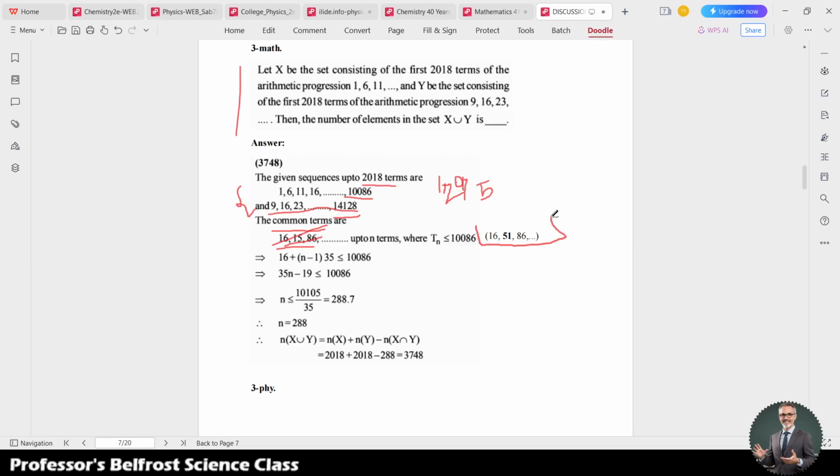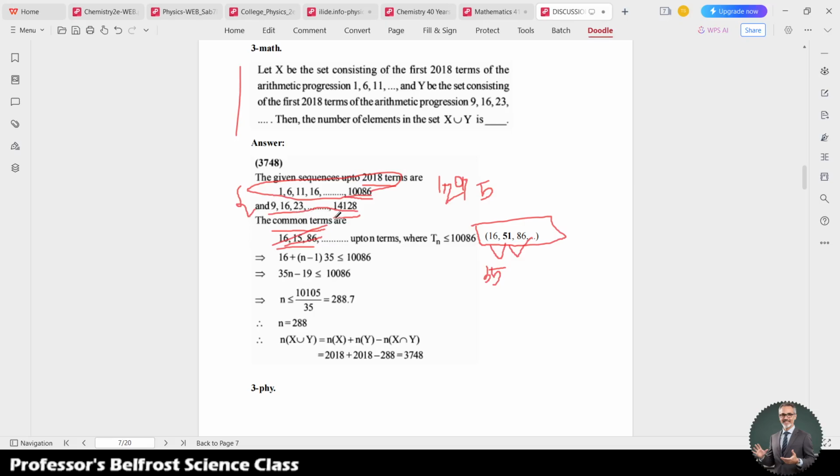This is the set actually: 16, 51, 86, and so on, and you can see the difference between one term and the next is 35. And Tn must be less than or equal to 10,086, because if it is greater than 10,086, then they share no common terms.